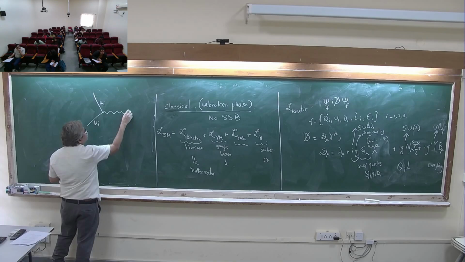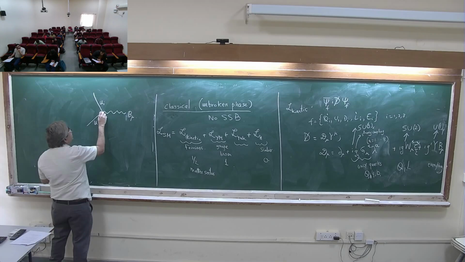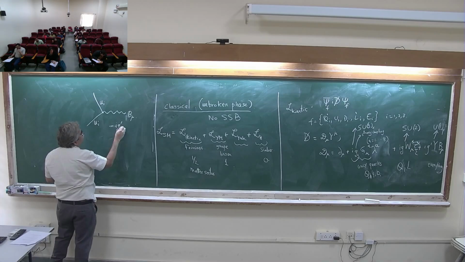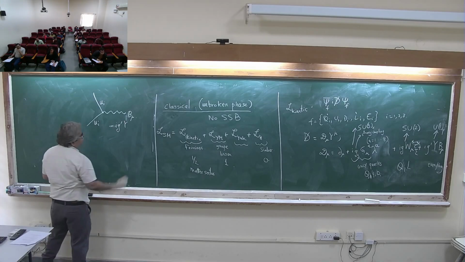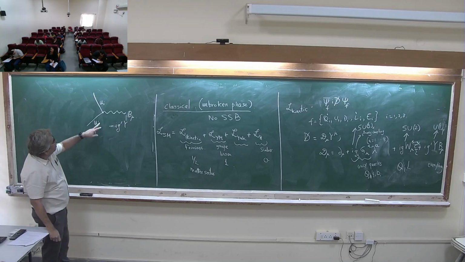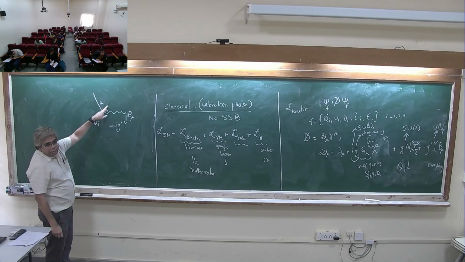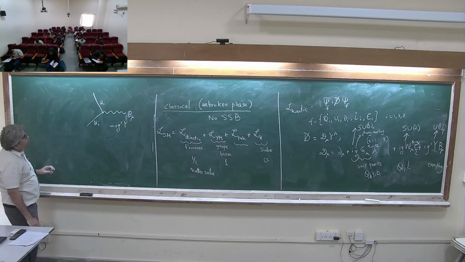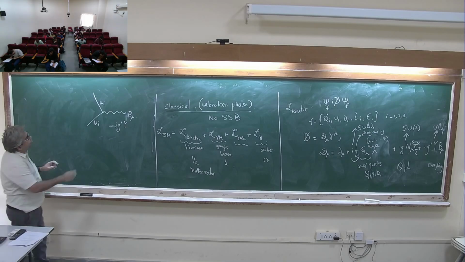Let me call it B mu instead of A, which has a coupling I g prime. It is also diagonal. It doesn't change the flavor. It's also diagonal. All the fields.